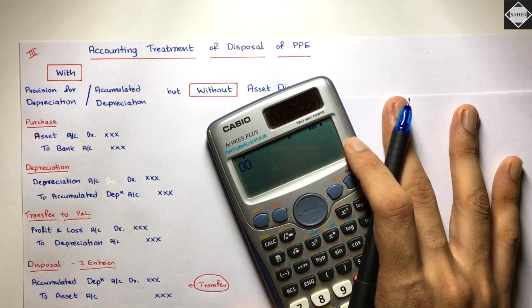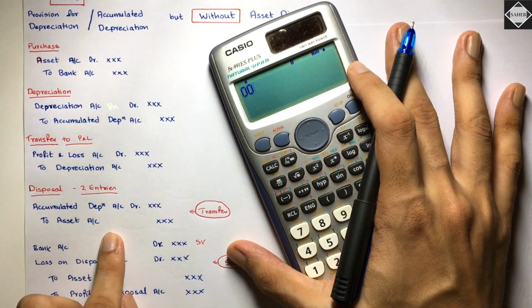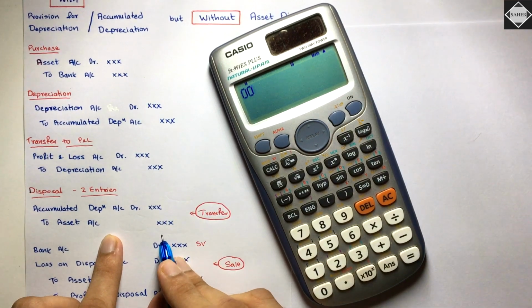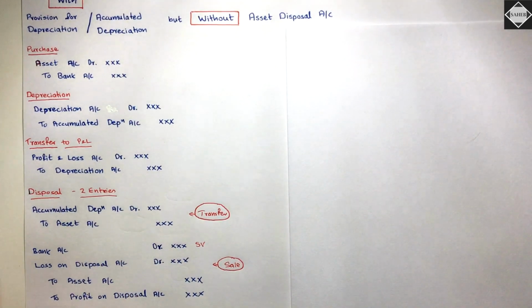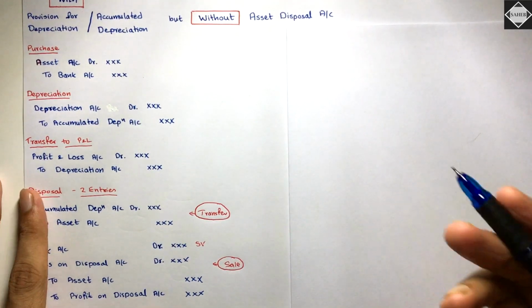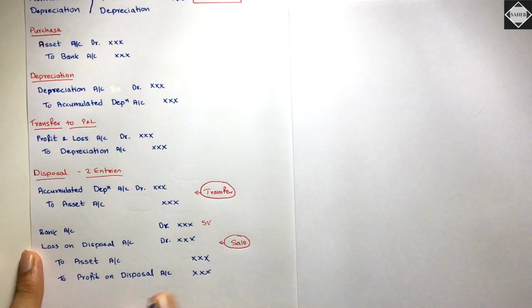So asset is existing at original cost. So to bring it to WDV, you have to credit it. By which amount? By accumulated depreciation amount. That is what you have to do. Is that clear? Right. After doing this, asset has come to WDV, and then what you have to do? You have to pass this actual sale of asset entry, disposal entry.